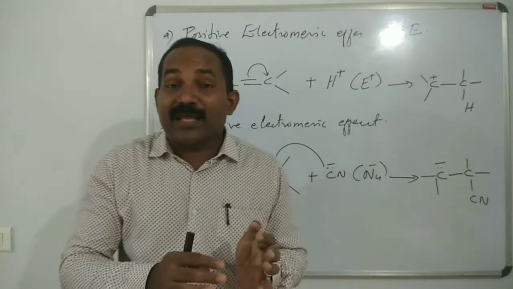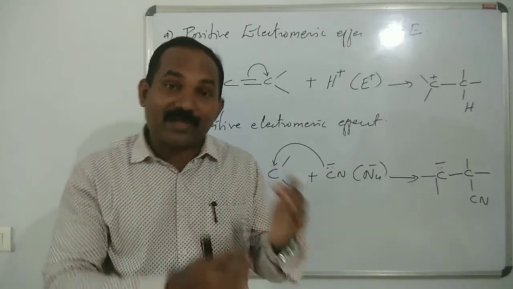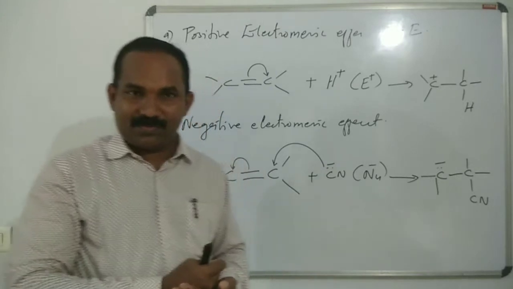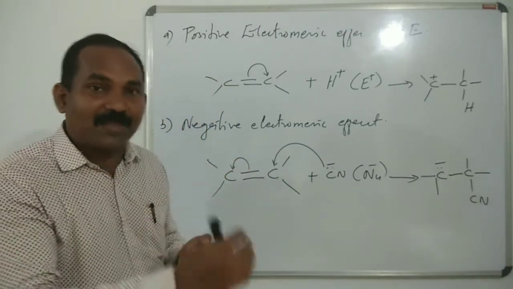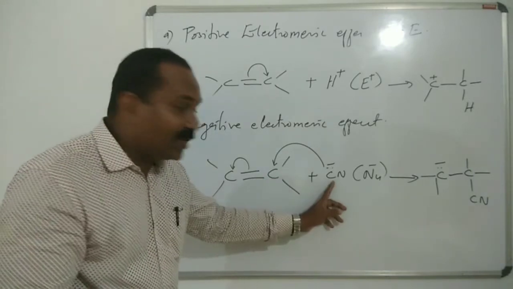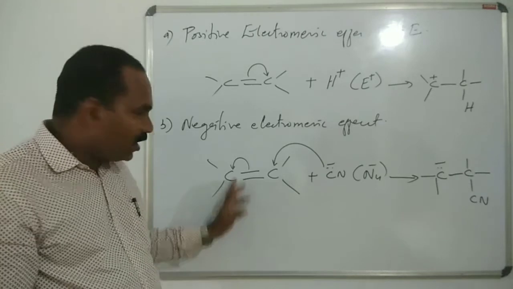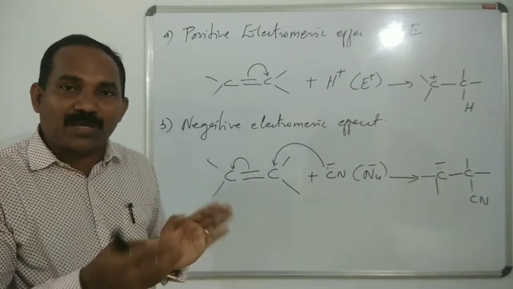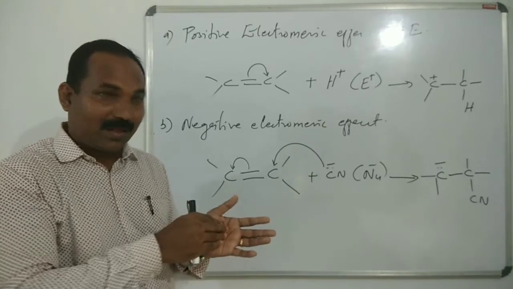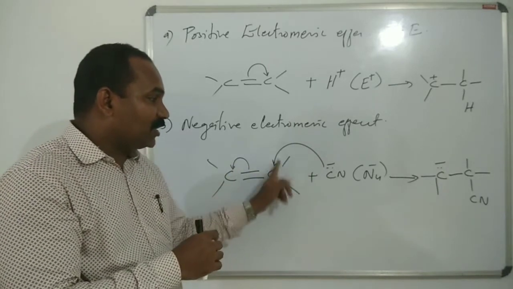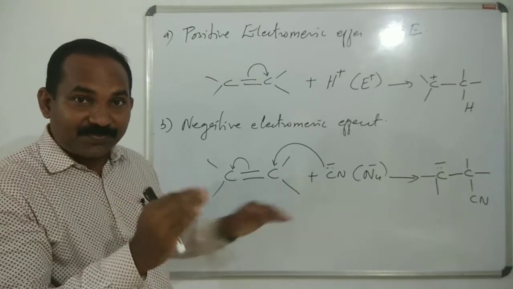The attacking reagent does not attach to that carbon atom. Once again, the electron pair is shifted to one of the atoms, and the attacking reagent is attached to another atom. So once again, please listen.